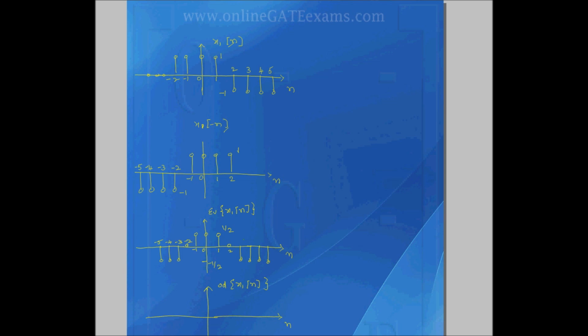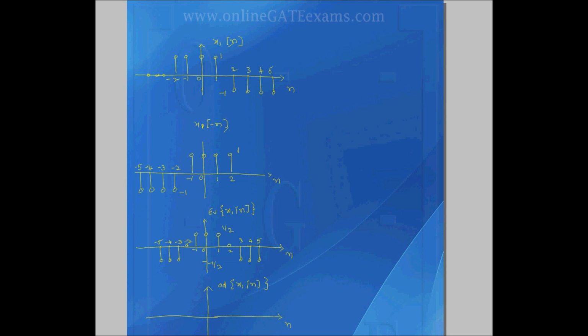This is 1, 2, 3, 4, 5. So obviously this one will not exist, correct? So here also we'll have only 3, and this side also will have only 3, so this one does not exist. Okay, so that will be the even part.